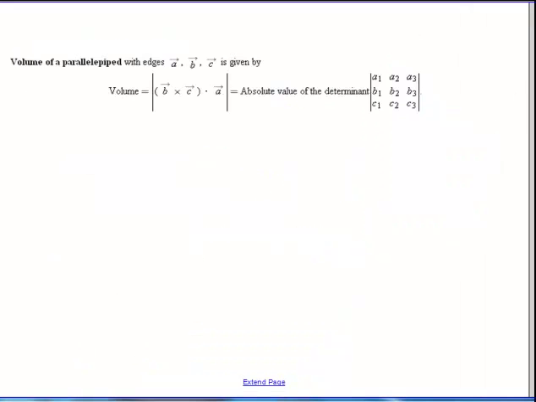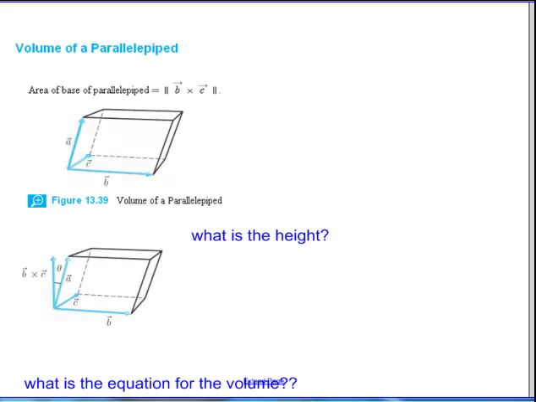All right, so I think the last idea, and we'll do one or two more examples afterwards, is a problem that incorporates both the cross product and the dot product. So first of all, a parallelepiped is kind of like a three-dimensional parallelogram. So the base is a parallelogram, and then the height comes off as a parallelogram.